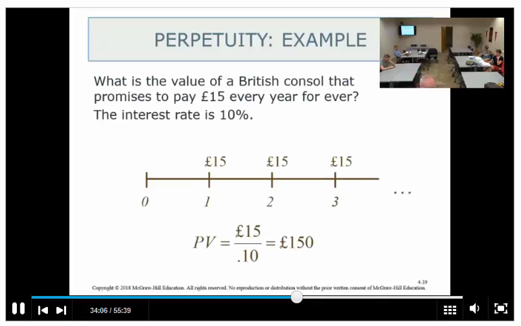So in other words, if I had a preferred stock that paid 15, don't ask me why they use pounds, and if the dividend was 15 pounds a year and the dividend rate was 0.10, then the value of that preferred stock would be 150 pounds. Okay.